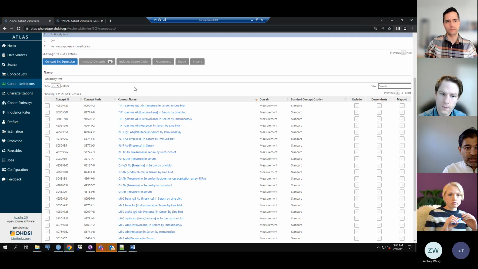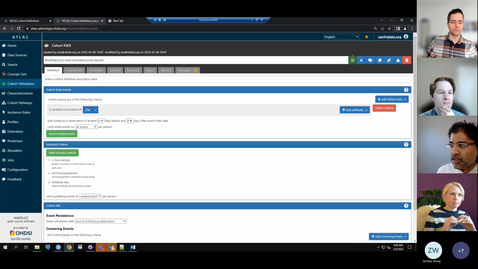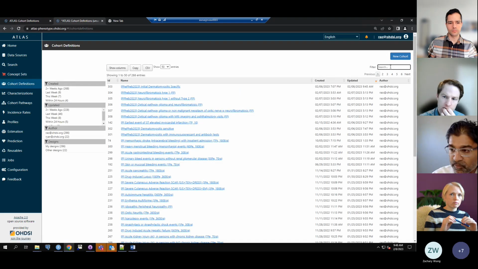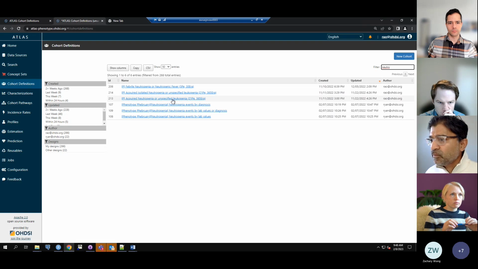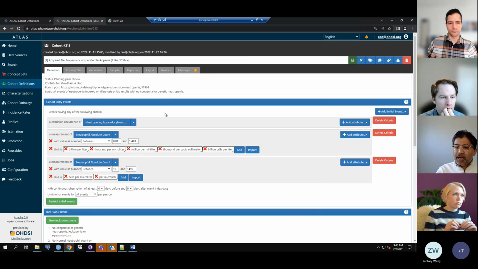And even that was difficult. So I'll bring up the neutropenia definition just as an illustrative example. So this is how it would look for neutropenia.